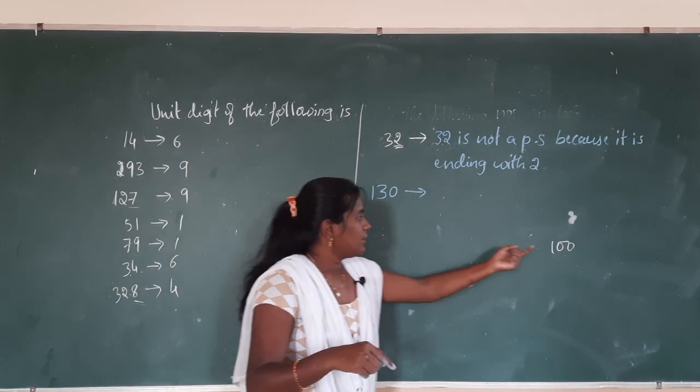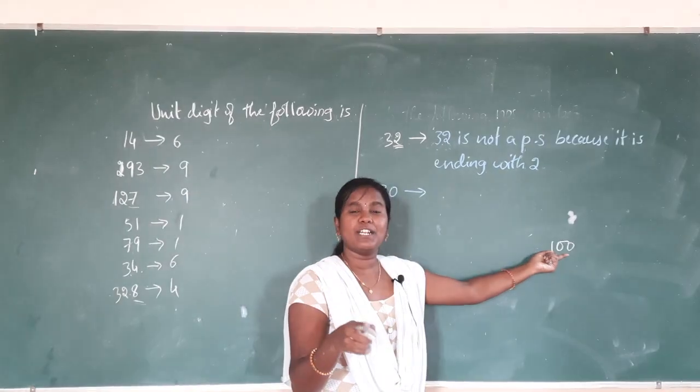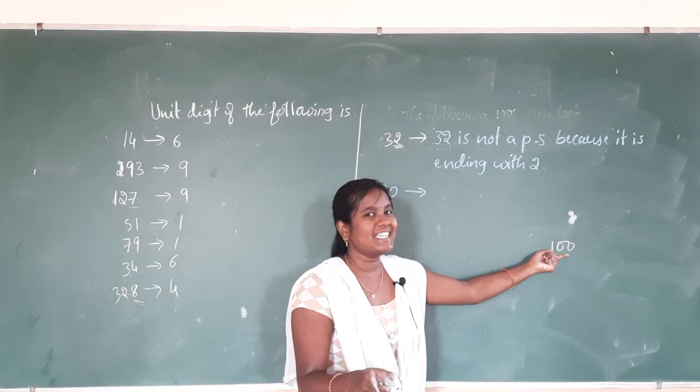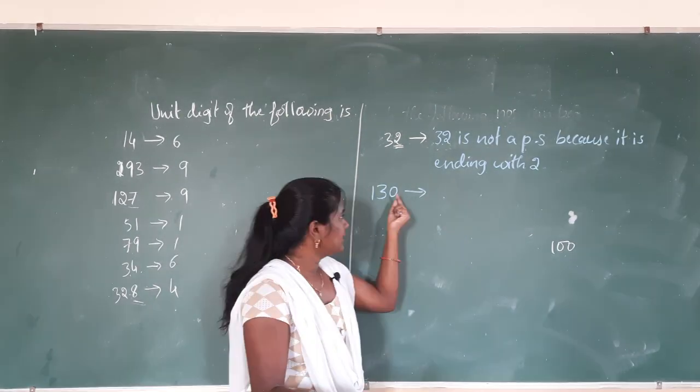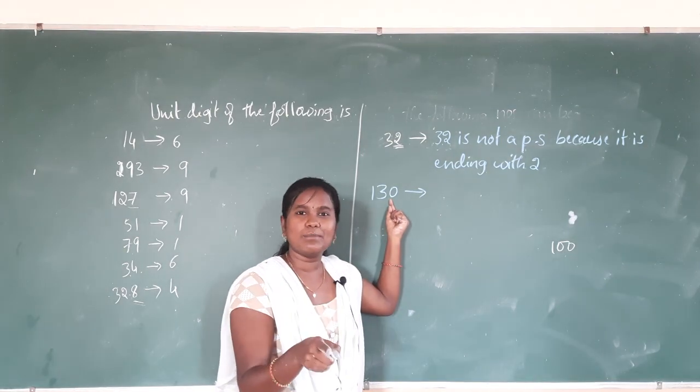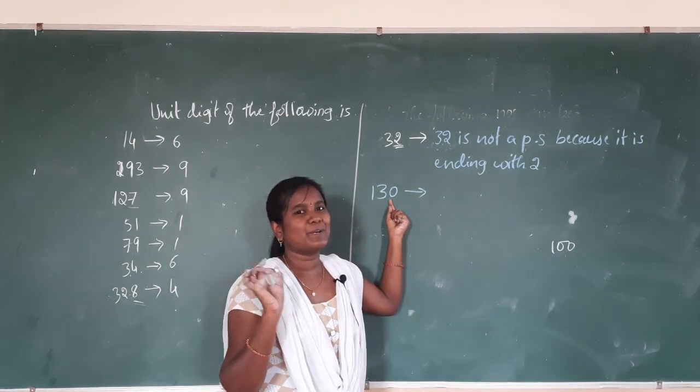We know if a number ends with an even number of zeros, then it may be a perfect square, but the number which ends with an odd number of zeros is not a perfect square.